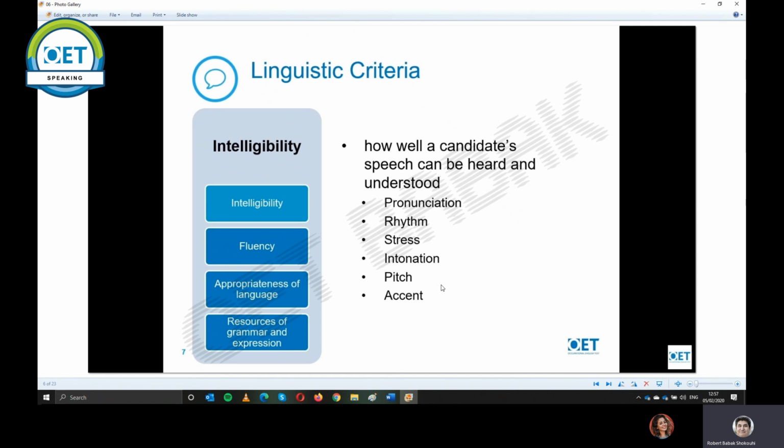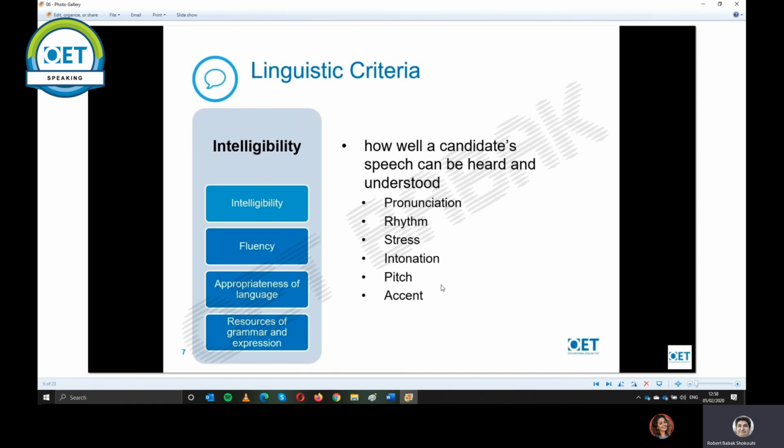Or maybe someone speaks very low pitched. High pitched is when it's like screaming, like a woman's voice. So that's a high pitch. So your pitch needs to be appropriate. You shouldn't be shouting or screaming.